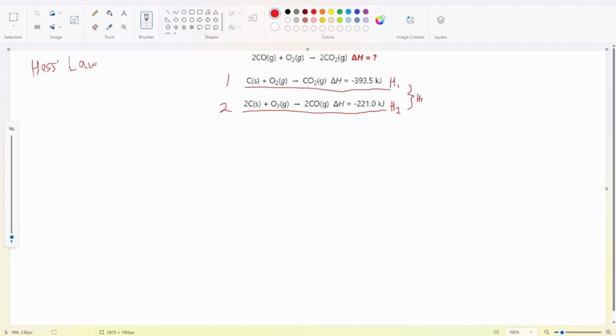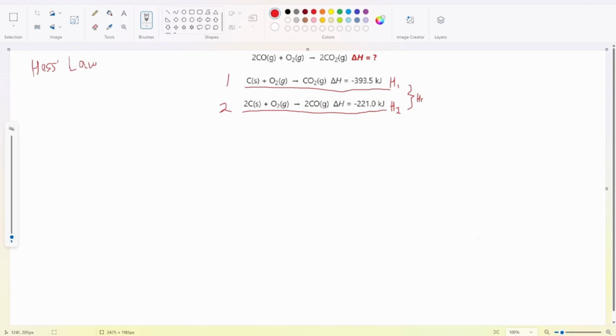Now let's take a gander at equation 2, right? So equation 2 has 2 carbon, which again is unneeded, O2, and then 2 CO. If you're looking at this, you may see that the CO, the carbon monoxide, is on the wrong side, which means we have to flip it.